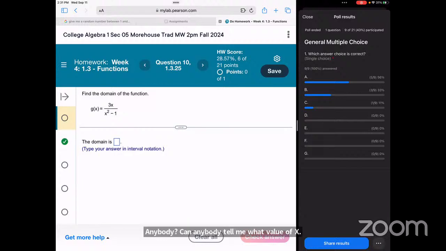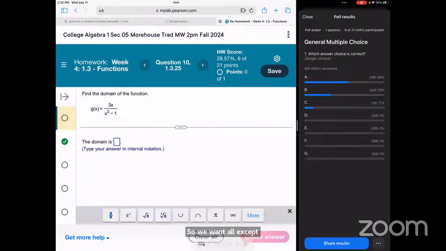If we set the denominator equal to 0 and solve, we have x squared minus 1 equals 0. We add 1 to both sides and take the square root, so plus or minus 1. So we have to throw out plus or minus 1. We want all reals except plus or minus 1.